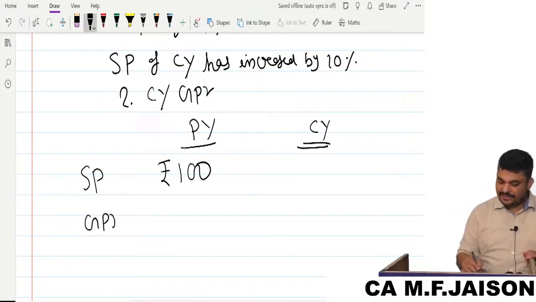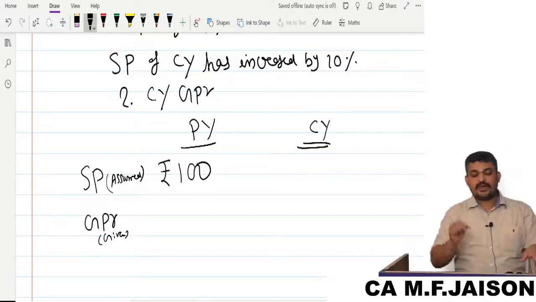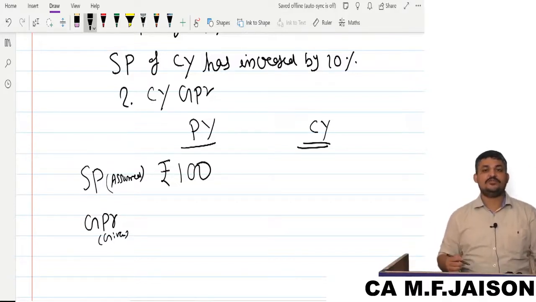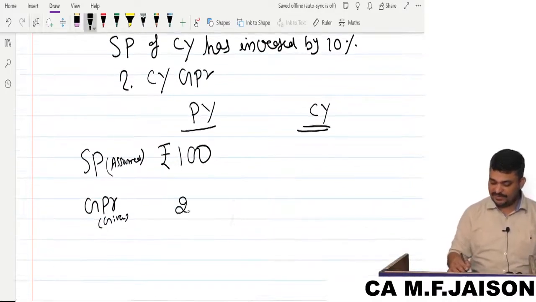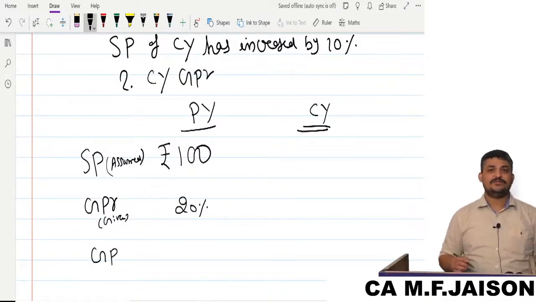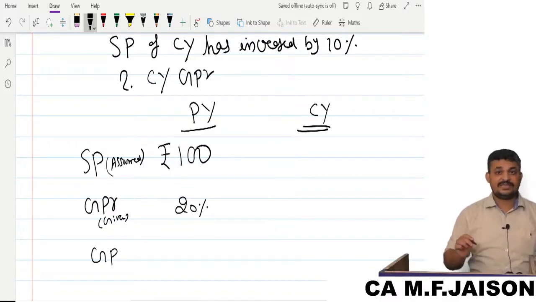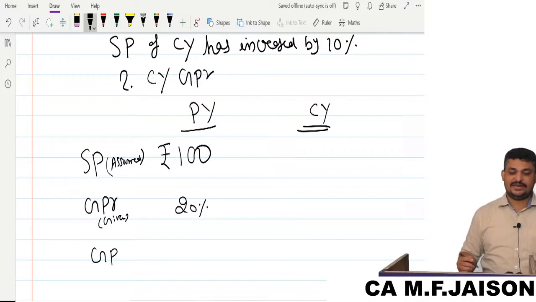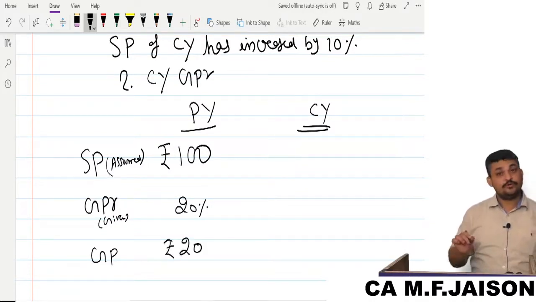Gross profit ratio is given in the question for the previous year: 20%. But what is the gross profit in rupees? You apply GPR on sales to find GP. So 20% on 100 is rupees 20.